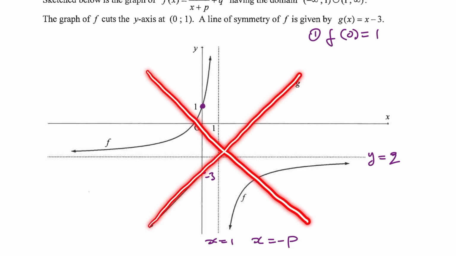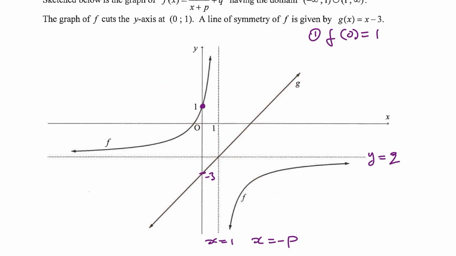These are axes of symmetry. We know that the formula of this axis of symmetry is y is equal to x plus q minus p. And this line here, which is also an axis of symmetry, is y is equal to minus x plus q plus p. From here I think we are able to answer a couple of questions.